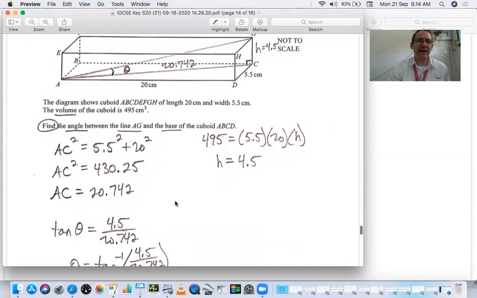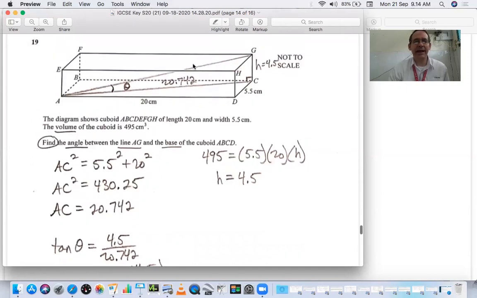Now it wants the angle between AG and the base. Well, if you draw this line here, then the line below it would be AC. So we want to find the angle between those two, between AG and the base of the cuboid.